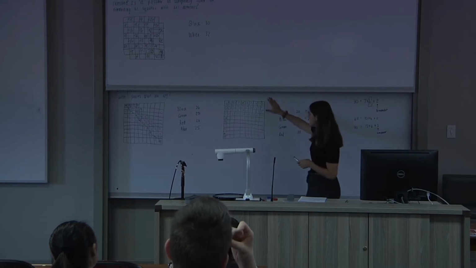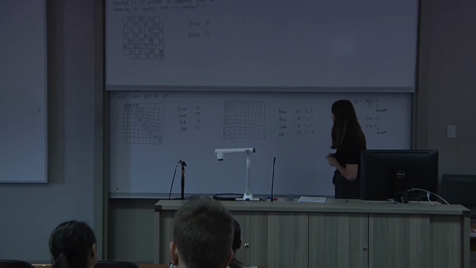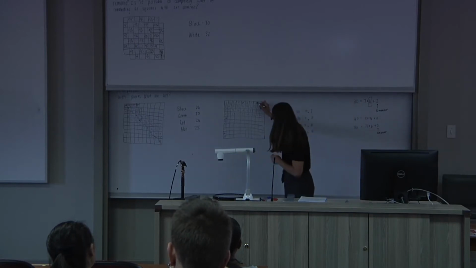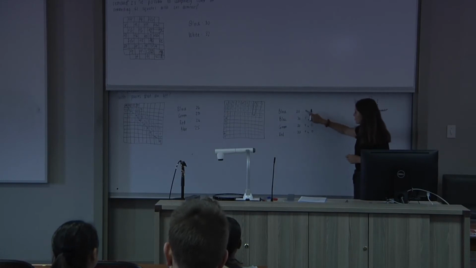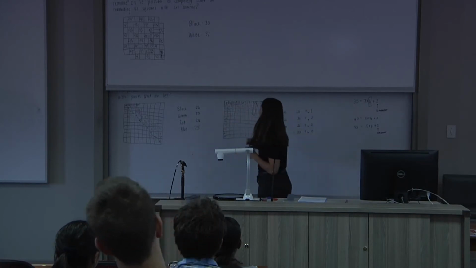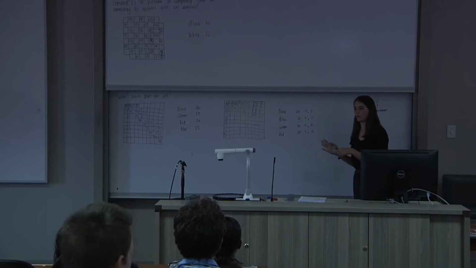So, when we place a piece on this board, we either place it this way, and then we decrease each of these numbers by 1, or we place it this way, and we decrease one of these numbers by 4.